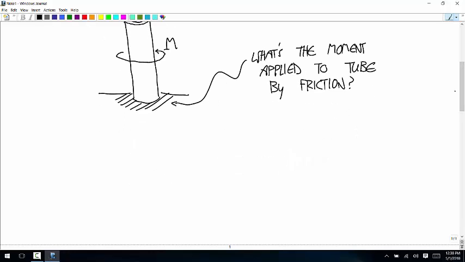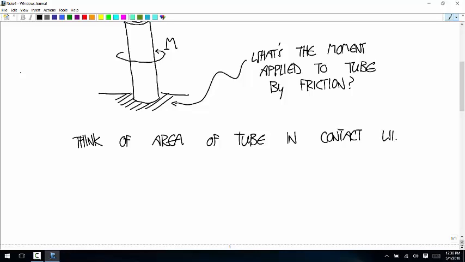Well, the view that we're going to take for this is we're going to think of the cross-sectional area, that surface area that's in contact with the ground. So think of the area of the tube in contact with the ground.